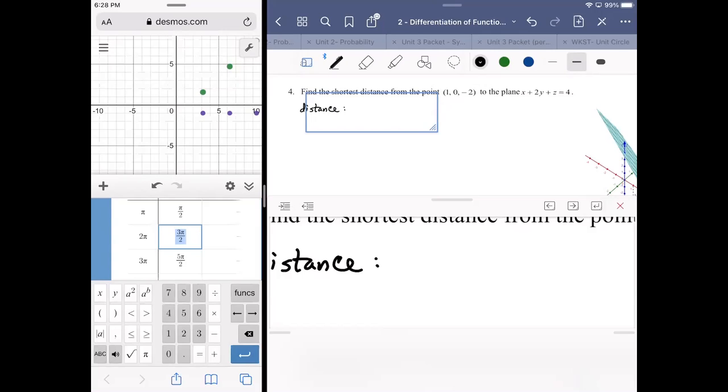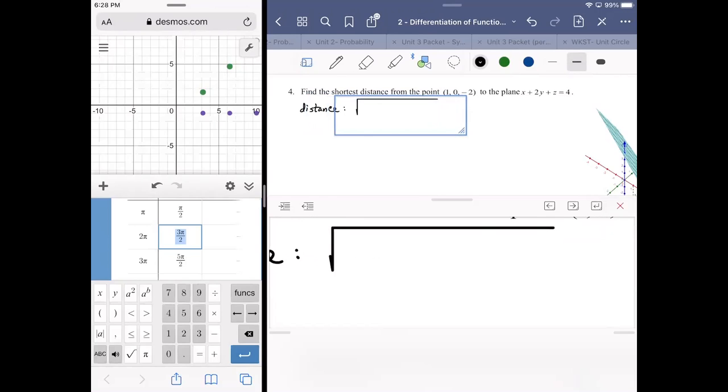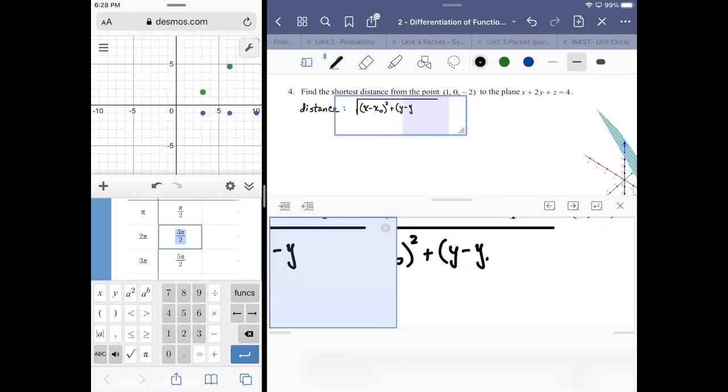Okay. So what we're going to do is write a relation that shows the distance from this point to any point along that plane. All right. So what I can say is, again, by definition, and I'll just write out the model just so you have it: x minus x sub o squared plus different variations of it, but this is the most useful one, z minus z sub o.